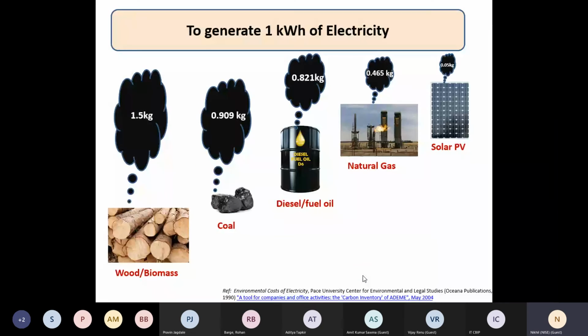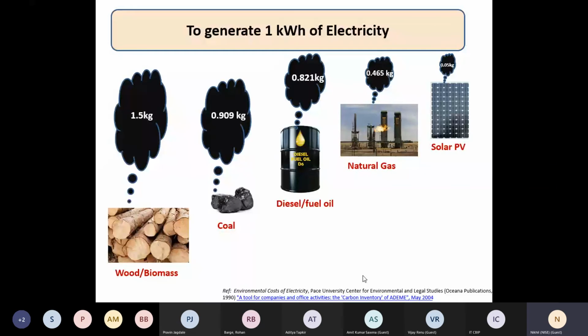Now, to put a note on electricity generation and CO2 emission: to generate 1 unit, or kilowatt hour, of electricity from different sources of fuel, you can see the amount of CO2 emissions, carbon emissions, from each source. Many people may ask, okay, solar is much more environmentally friendly, it should be zero kilograms.